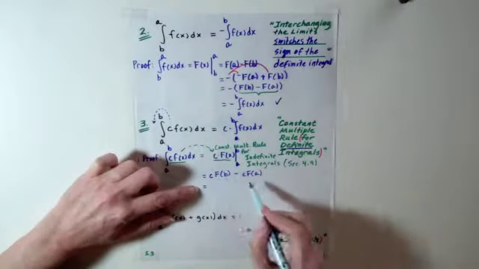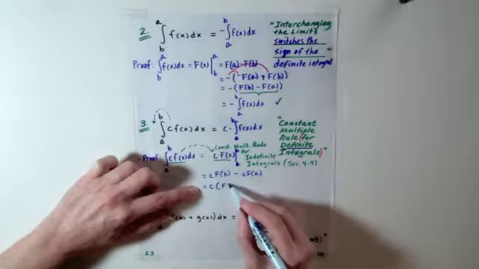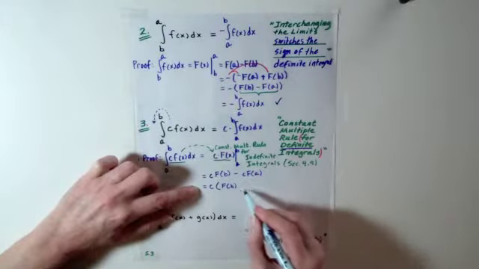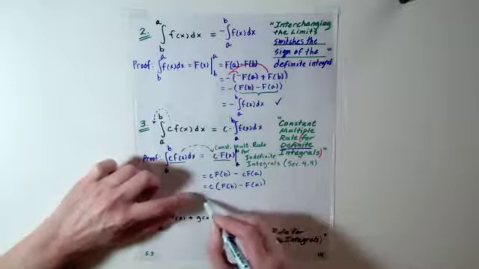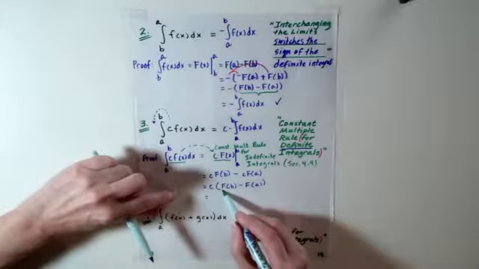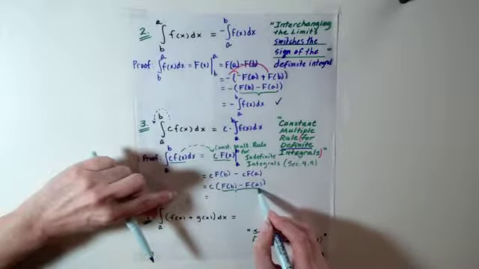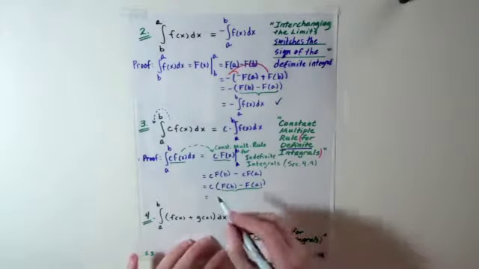So I'm going to pull out the common factor of c. That would be c times the quantity capital F of b minus capital F of a. But just like in the last proof, what is capital F of b minus capital F of a? That's just our definition of the definite integral from a to b of f of x dx.